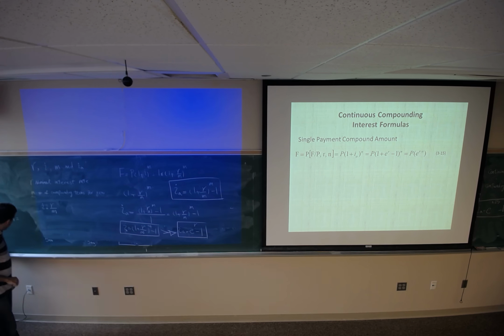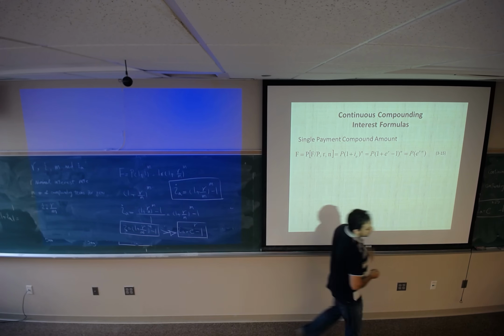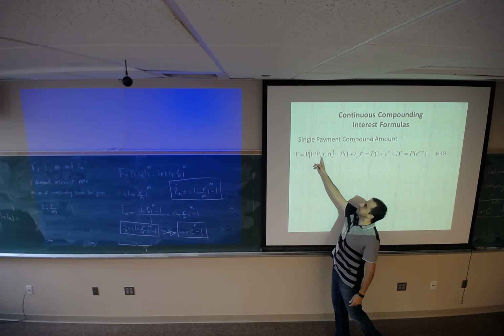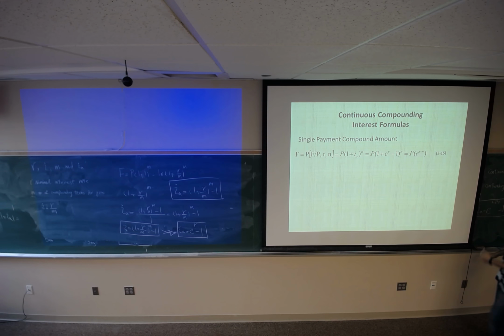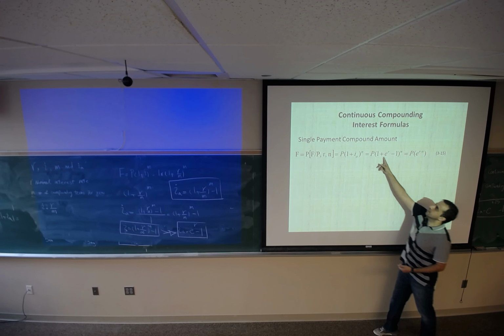This equation, you are familiar with the single payment compound formula. F equals P times F over P, R, n. You can just simply plug in this if you have continuous compounding. IA is going to be e power R minus 1.